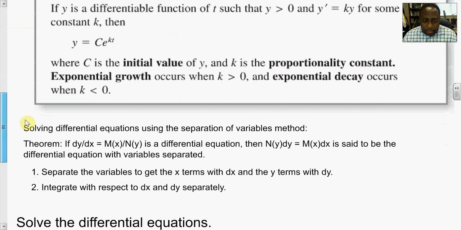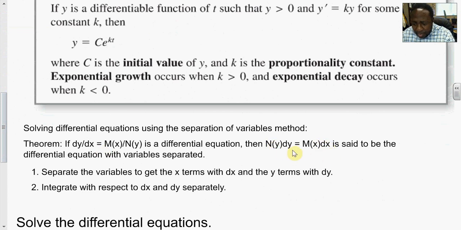How to solve differential equations using separation of variables. If dy over dx is equal to m of x divided by n of y, then it is possible to separate the variables here, multiplying both sides by n of y, and then multiplying both sides by dx to give us n of y times dy is equal to m of x times dx.